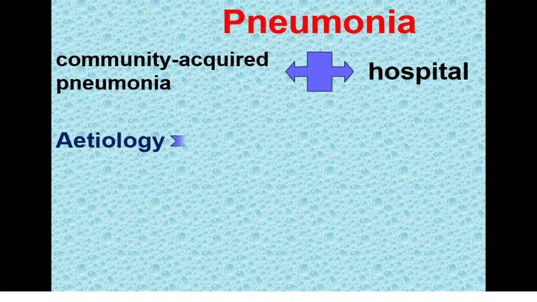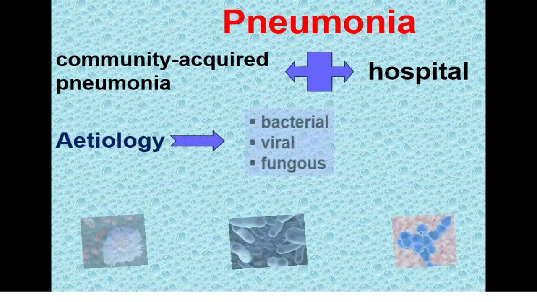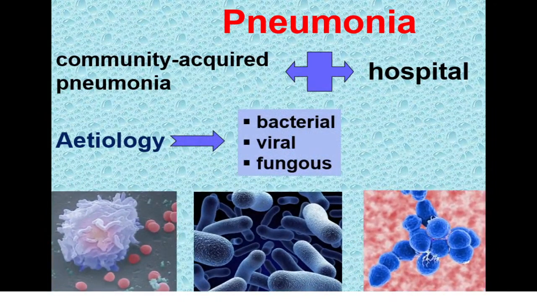There may be different etiological factors: bacterial, viral, fungal. Now we know that the main complication and main manifestation of COVID infection is viral pneumonia.